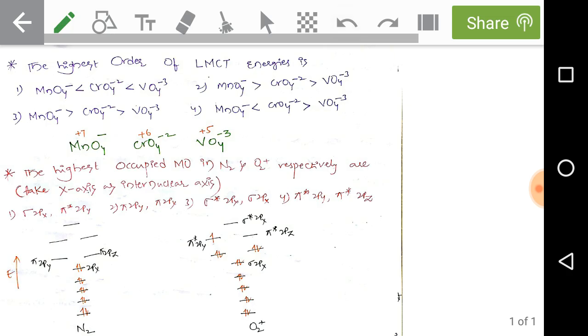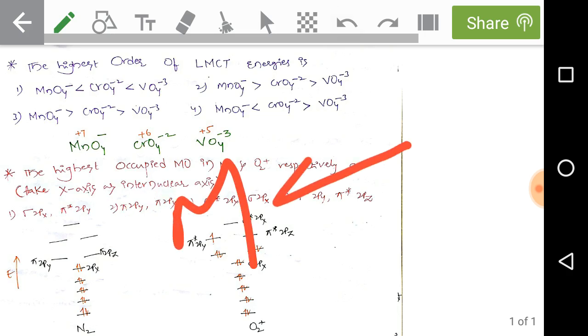Okay, and we know that whenever the oxidation state is more on the metal complex, then ligand to metal charge transfer is very easy. That's why less energy is needed for it.